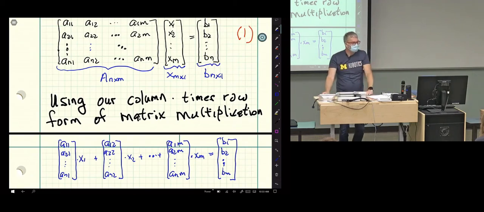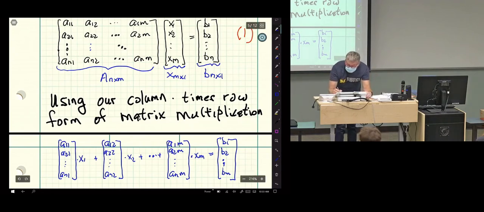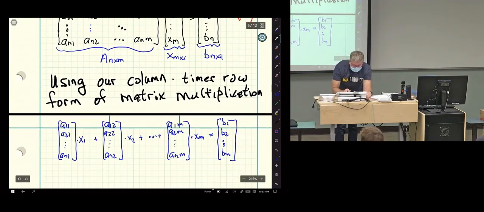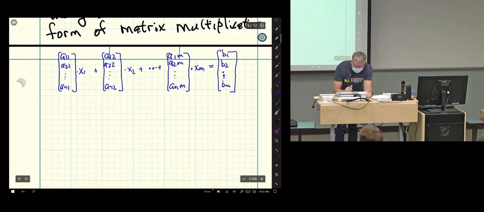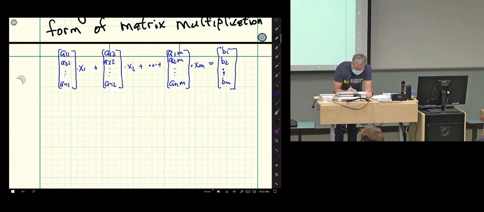Questions on how we got that beautiful formula? Row times column multiplication makes it really hard to see that. Column times row multiplication makes it super easy to see this. So let me write it in a slightly different way. This constant I can bring out to the front.